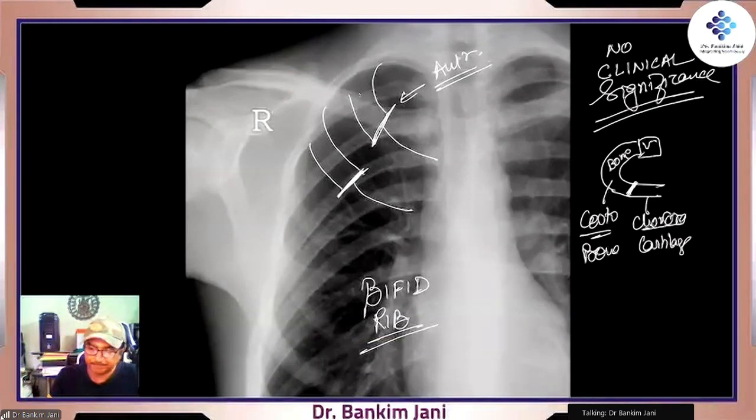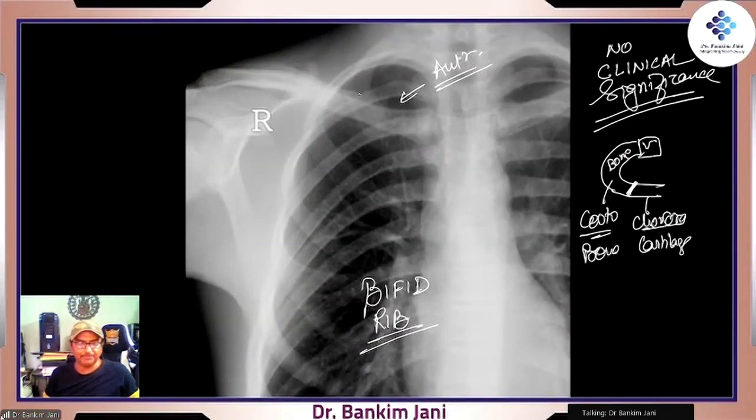Over here, see, this is a bifid rib. Bifid rib is when the anterior end is a bit separated. You can see that the normal ribs are going like this.